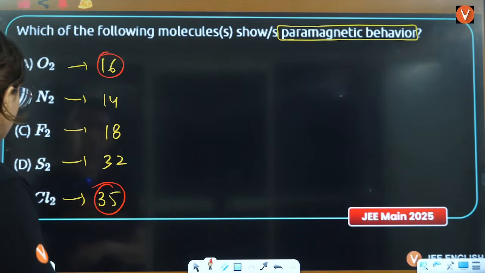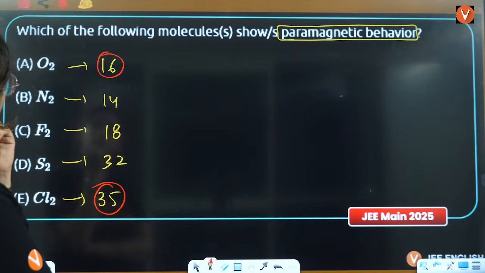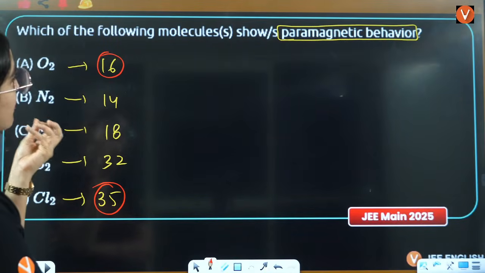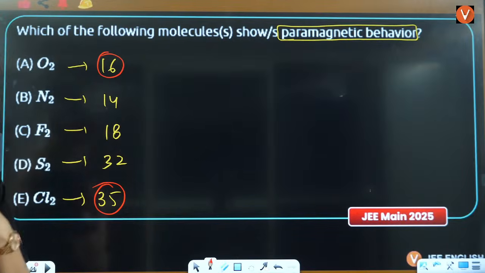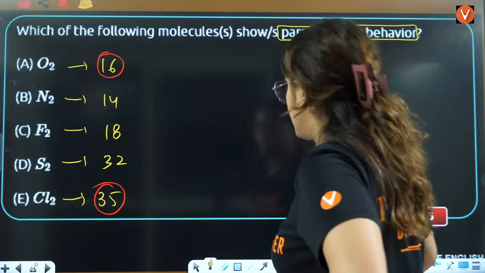Wait a minute. Why so? It shows paramagnetic behavior, right? Just give me a second. So which one is paramagnetic in nature?